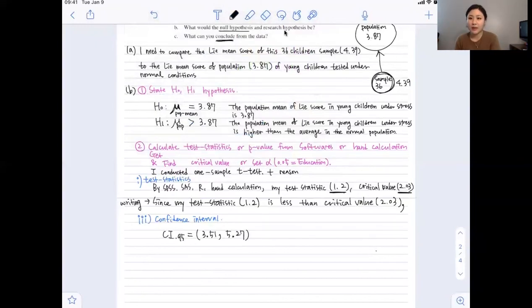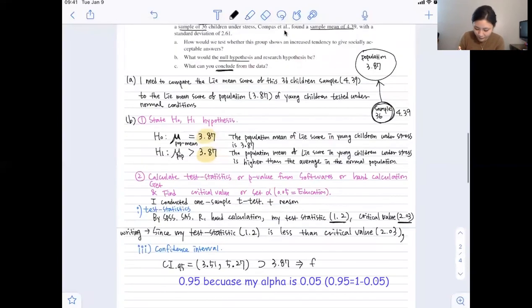What is my hypothetical value? My hypothetical value is 3.87, which is in the null hypothesis. Because the confidence interval contains 3.87, we fail to reject the null hypothesis.